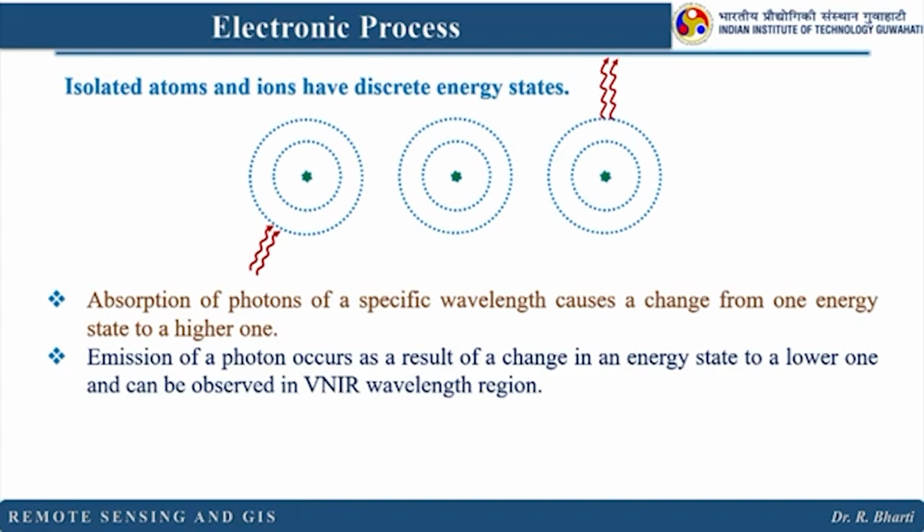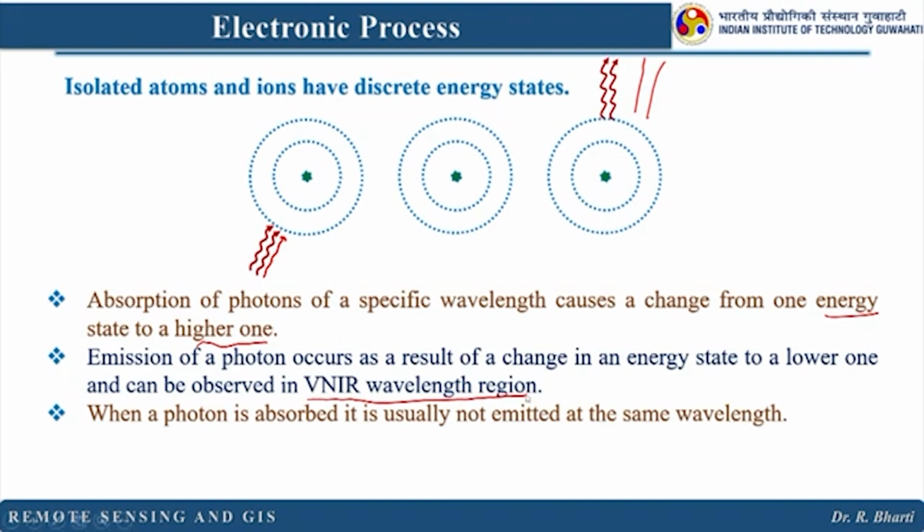So here you can see we have given some extra energy, right, and that has resulted in changing the energy state to the higher one, and then ultimately it will settle down and re-emit or release the extra energy, and that can be observed in VNIR wavelength region.